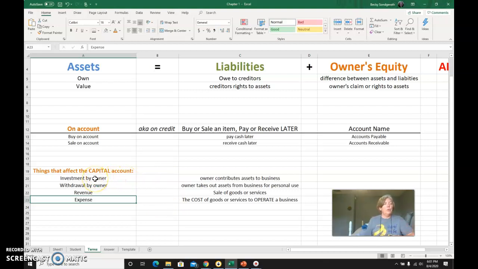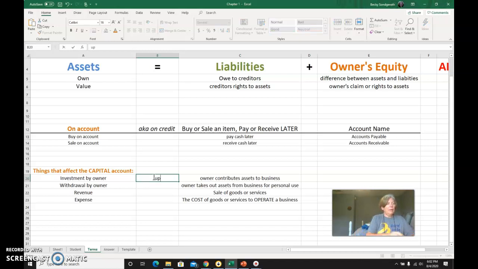So the two good things, we want it to go up, we want more of a claim, are investment by owner and revenue. When the investment is given by an owner, it's better for the business. They have more assets, which gives the owner a claim. And when I sell things, I have more assets, cash or receivable, which is a good thing.